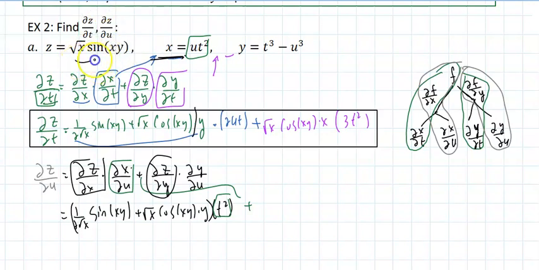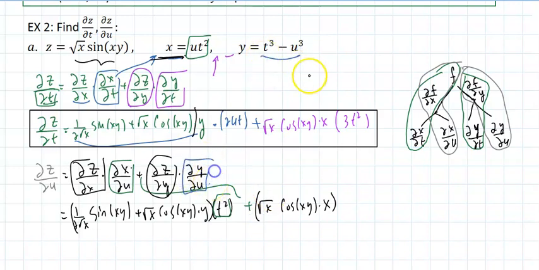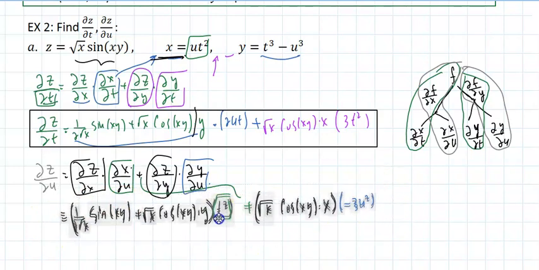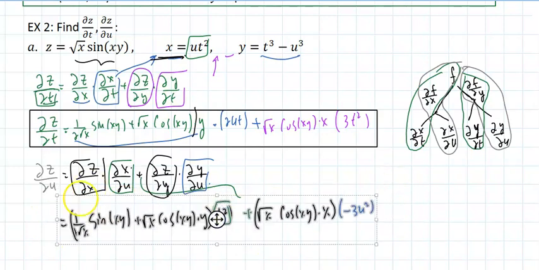The partial of z with respect to y, that's the square root of x times the cosine of xy times, with respect to y, that's x, times the partial of y with respect to u, that's negative 3u squared. I'm going to shift this just a bit, so I rearrange the furniture a bit. So I put them all on one line.